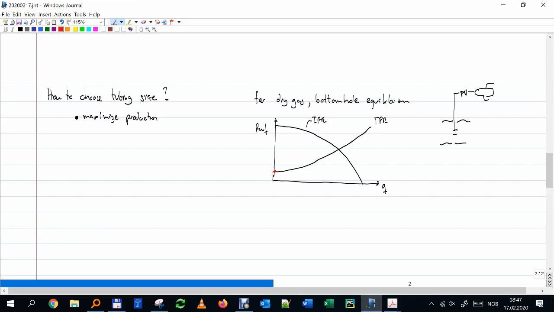I should have the same hydrostatic pressure. So if I increase the size, or if I decrease the size, it goes to the other side. So this direction is, let's use another color, increasing with diameter.